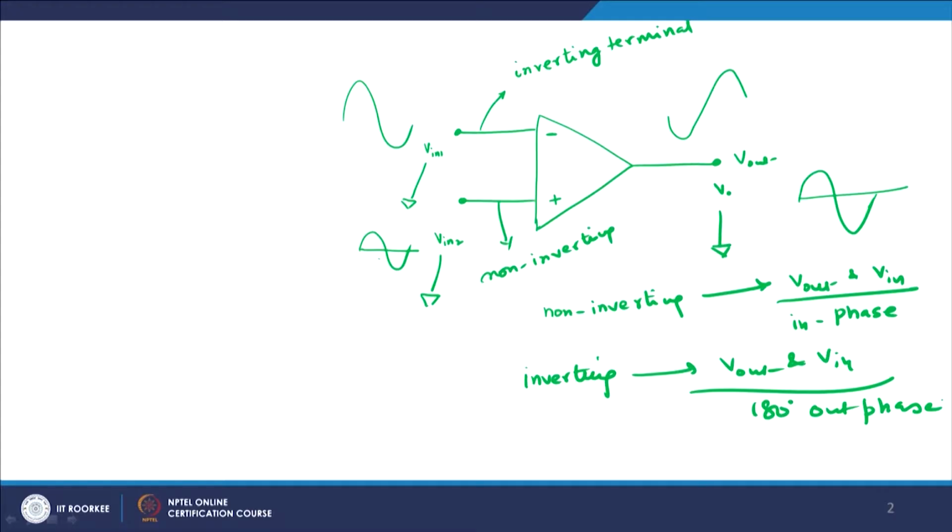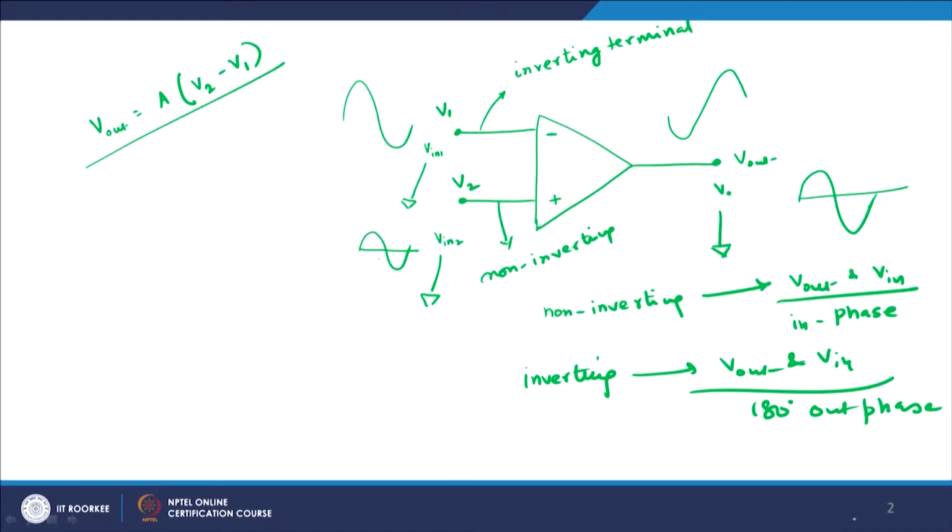This is quite important. Let us suppose this is V1 and this is V2, then my output V out will look like A multiplied by (V2 minus V1). This will be the general equation of an ideal operational amplifier.